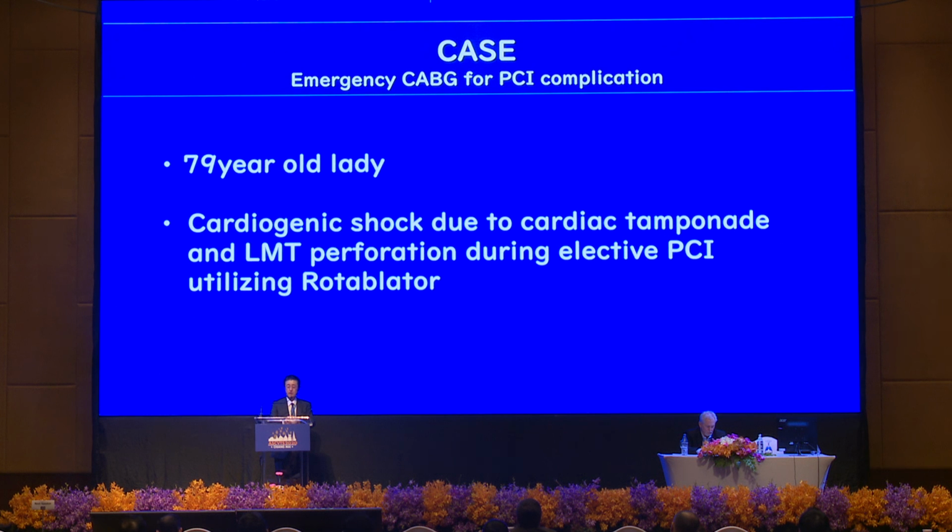I want to share one case we experienced 2 to 3 years ago. The patient was a 79-year-old lady. She was referred to us with cardiogenic shock due to cardiac tamponade caused by left main perforation during elective PCI utilizing the rotablator.